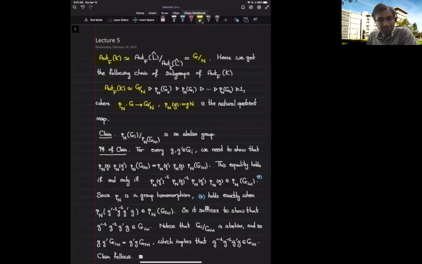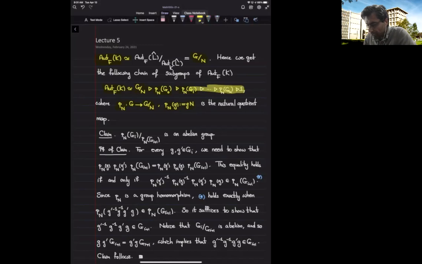Then when I apply it to these subgroups, each one is normal in the next one. That means I'm getting a chain of subgroups where the i plus 1 is a normal subgroup of i, a decreasing sequence of subgroups, and each is a normal subgroup of the previous one.